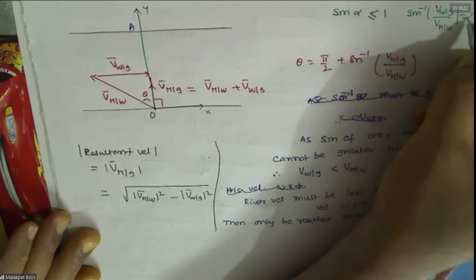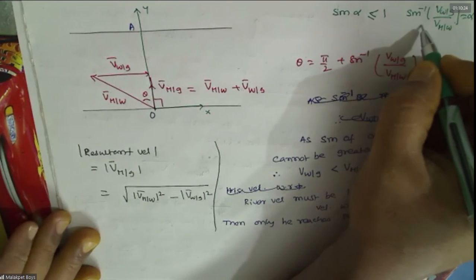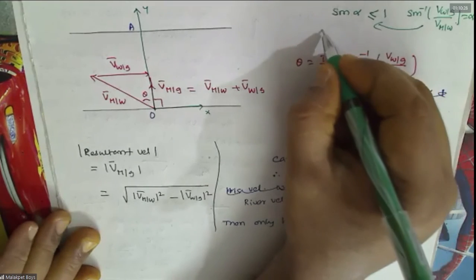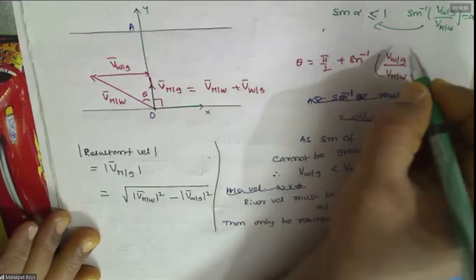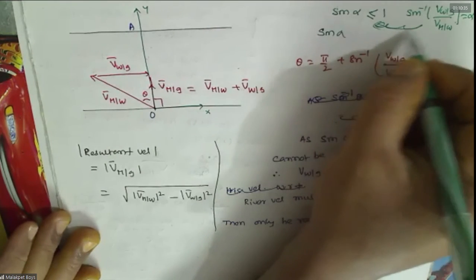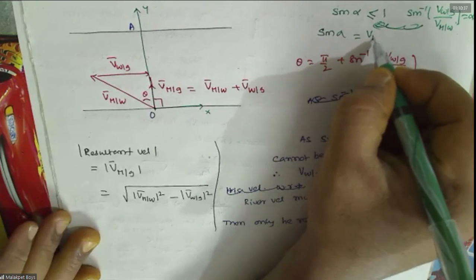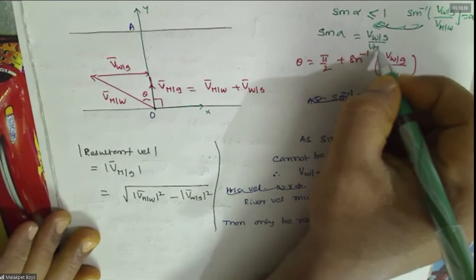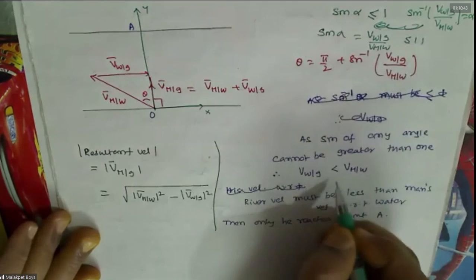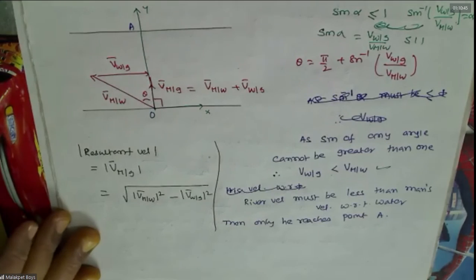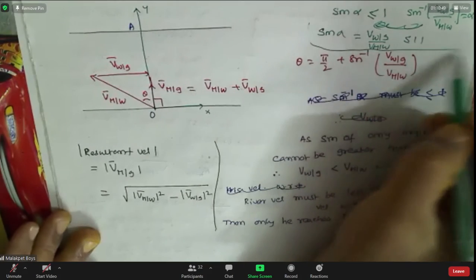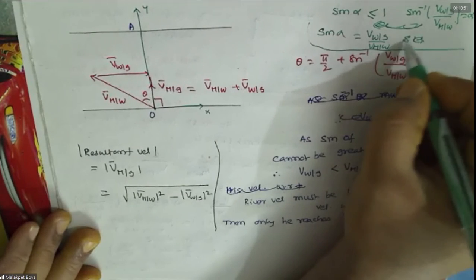If you take it as alpha, then what is sine alpha? This one only, no? That means sine alpha will be VWG by VMW. This should be less than 1. Understood or not? Yes, sir.